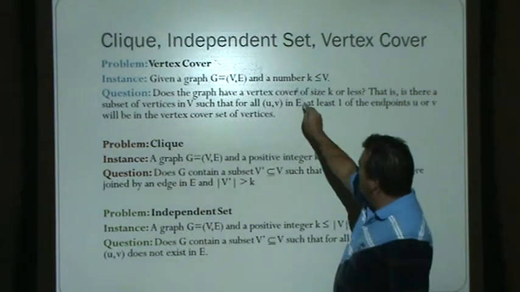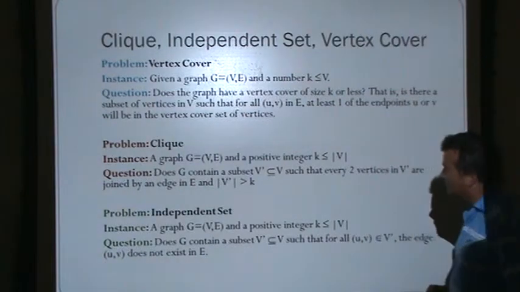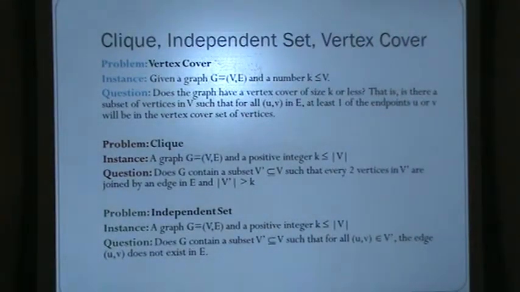Given a graph and some number k less than the vertices, we're looking for a subset. Does the graph have a vertex cover of size k or less? That is, is there a subset of vertices such that for all edges, at least one of the endpoints u and v is covered in the vertex cover of the graph?